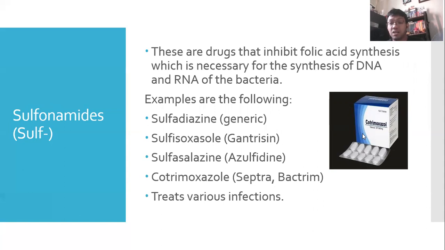Remember, folic acid is needed to produce these molecules. Examples of sulfonamides are the following. We have sulfadiazine, which is a generic. Sulfisoxazole, Gantrisin is the brand name. Sulfasalazine, Azulfidine. We also have cotrimoxazole, Septra or Bactrim. They can also be used to treat various forms of infection.